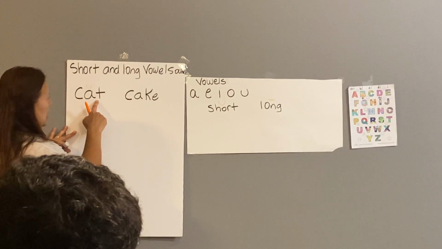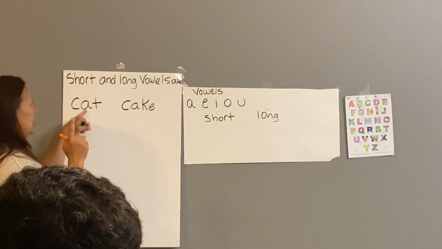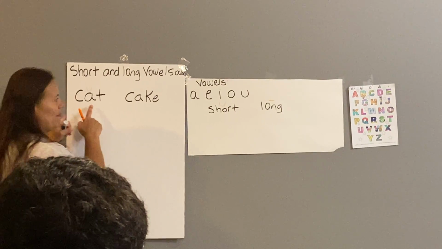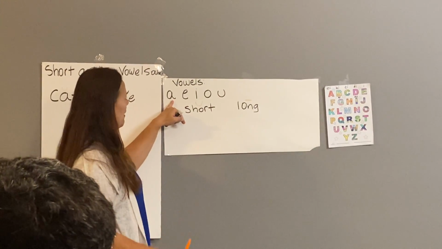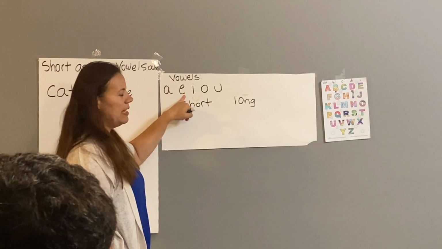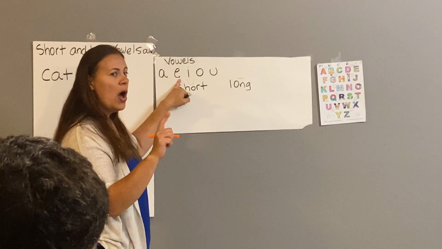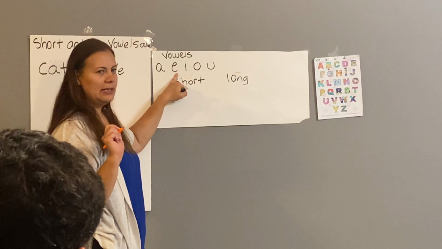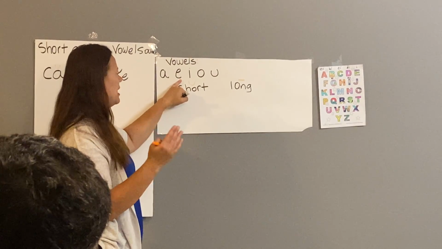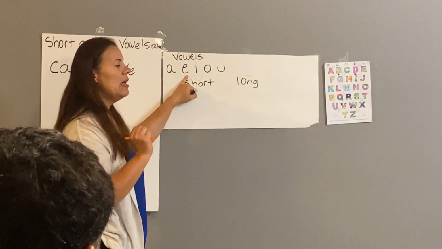Cat is a word, and it has only one vowel, the vowel A. So we are going to pronounce it as E, cat. So for the vowel A, the short sound is E. For E, the short sound could be E or E. In Portuguese, we say E, but sometimes it is pronounced as E or E. E for elephant.